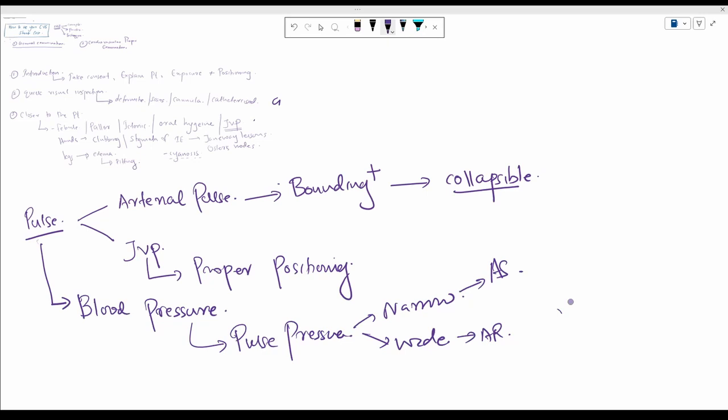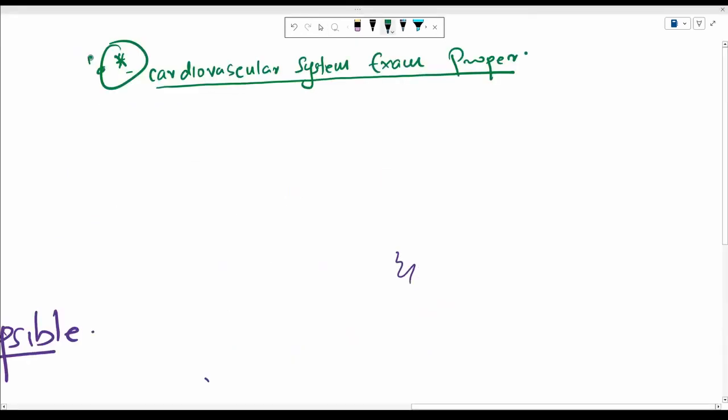After that, you move on to the precordial examination. Next, what we are going to talk about is the cardiovascular system examination proper. It has certain components. You have inspected already in the general inspection and taken an idea, but you still have to show the examiners that you are inspecting, and I'll tell you what you are trying to inspect.